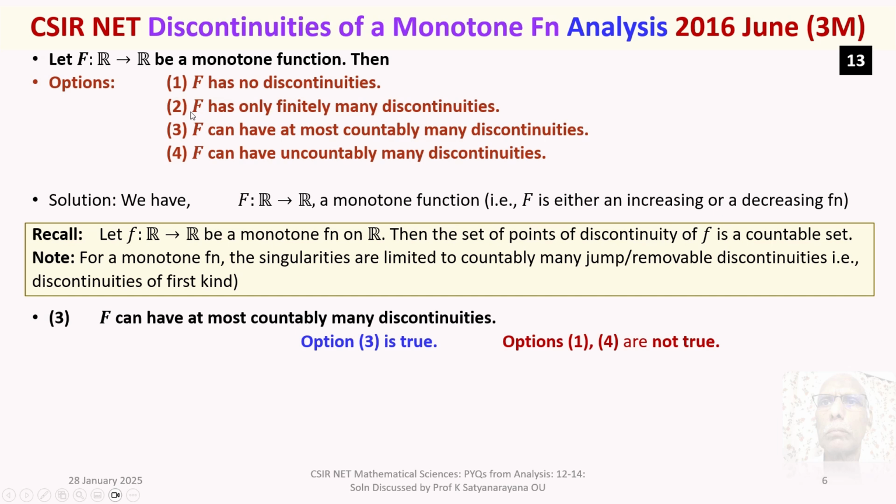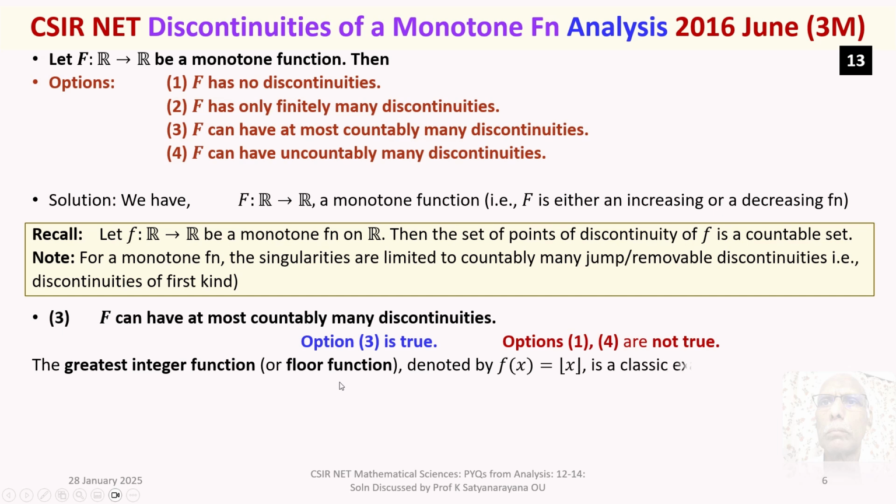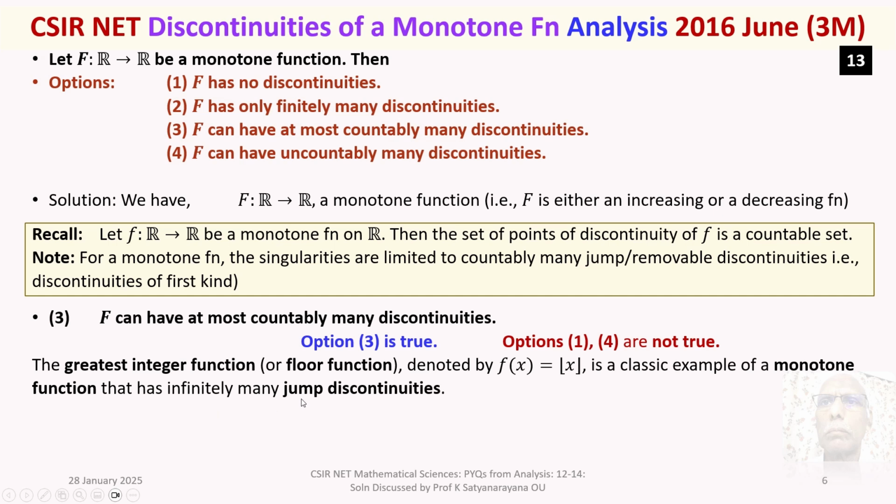Now, what is the guarantee that f has only finitely many discontinuities? Consider the greatest integer function, sometimes called the floor function or box function, denoted by f of x equal to floor of x or bracket x. It is a classic example of a monotone function that has infinitely many jump discontinuities.